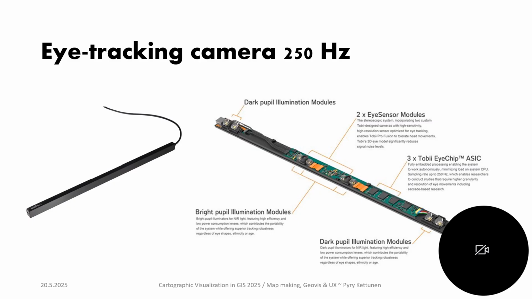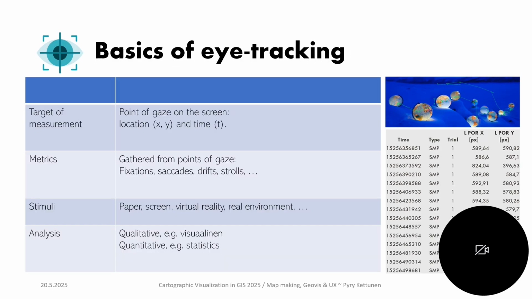It's essentially a device measuring how our eyes move, so how our pupil moves, with some infrared cameras in it, and measuring the location of the gaze on the screen with X and Y screen coordinates, and then the time stamp for each measurement. In our case, 250 times per second, as it's a 250 Hertz device.